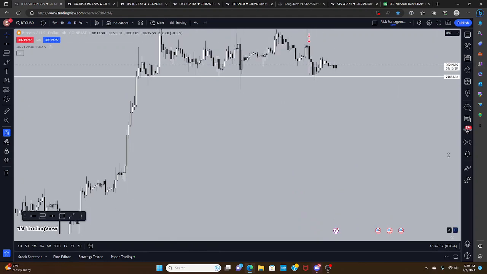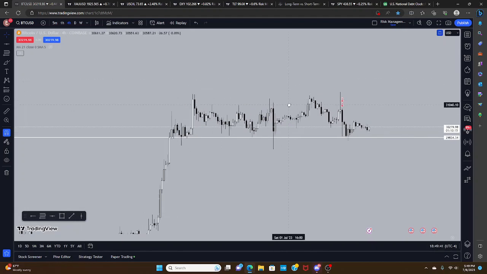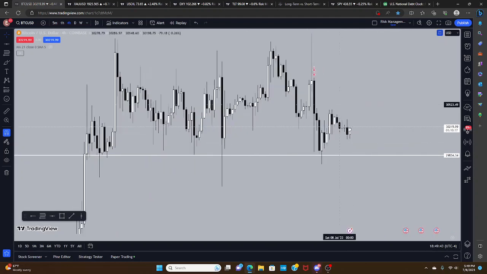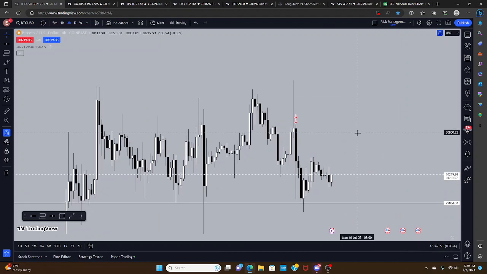Got this impulsive leg up, then it runs up above the old highs and runs the stops above those old highs and then starts consolidating. When you see a run off the consolidation right above the old highs, then slamming back down and testing off the base, that's generally not a good sign.